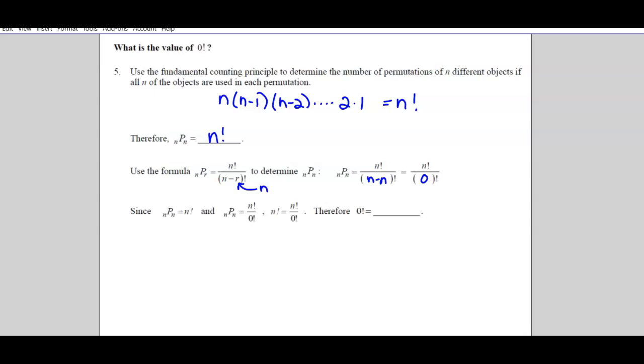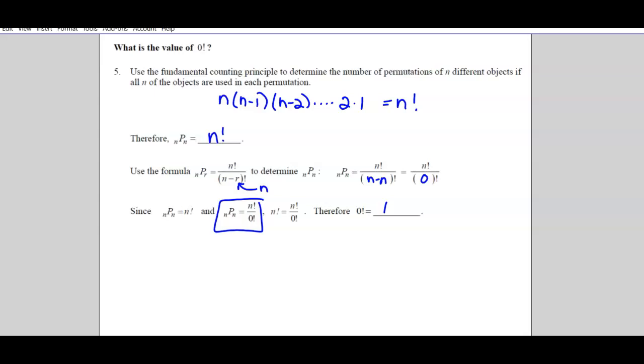We know nPn has to equal n factorial, so that has to be true. That means that n factorial is equal to n factorial over 0 factorial. So 0 factorial is 1. It's a weird thing.